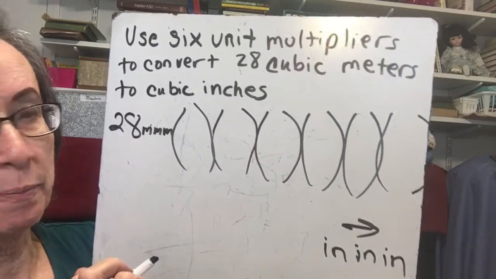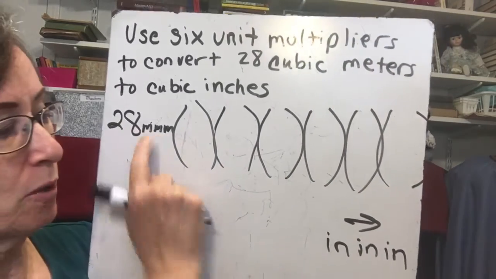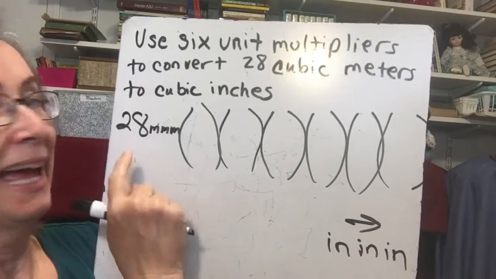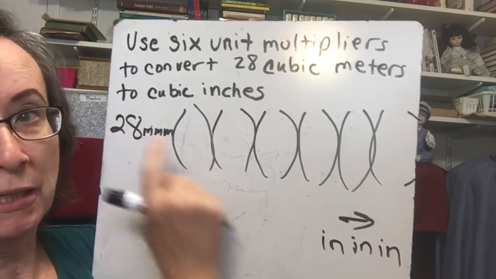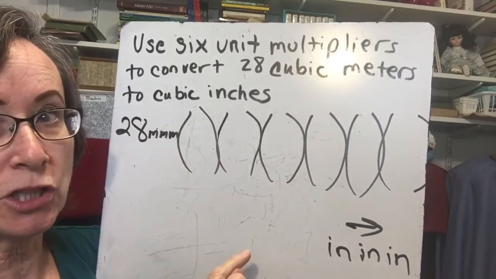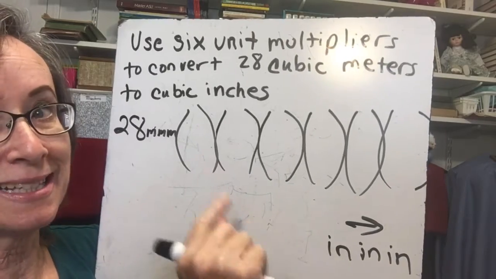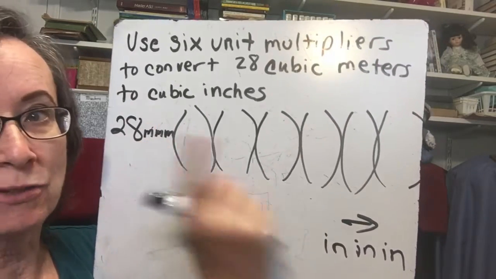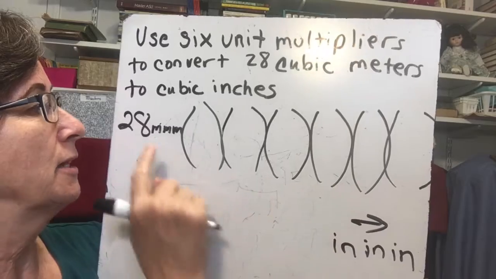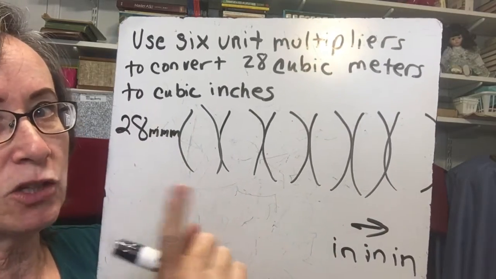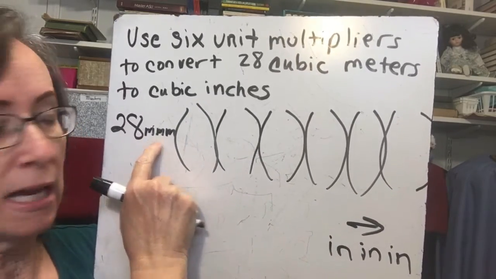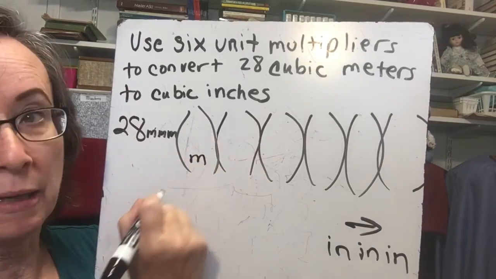Let's see what we're going to put there. So the M's want to turn into inches. I don't have a conversion of meters to inches, but I do have a conversion of inches to centimeters. So if I can get from meters to centimeters, I'll be good. So we know that there are 100 centimeters for every meter. Meters are on the top, so we want meters on the bottom, don't we?